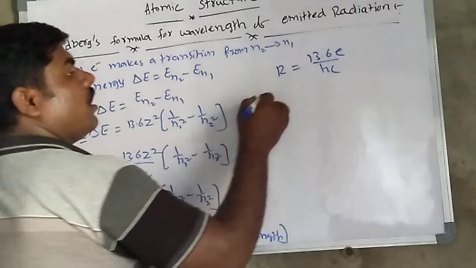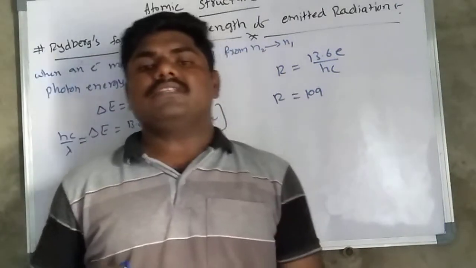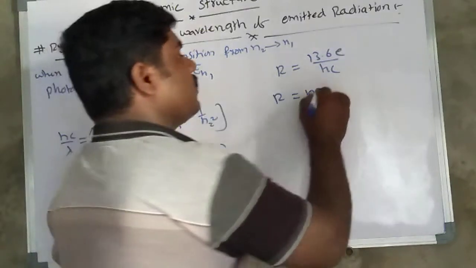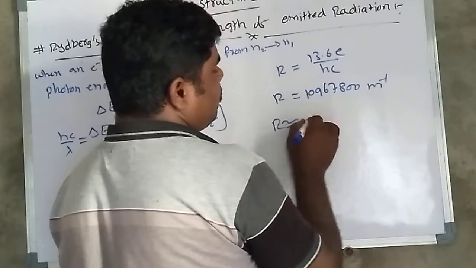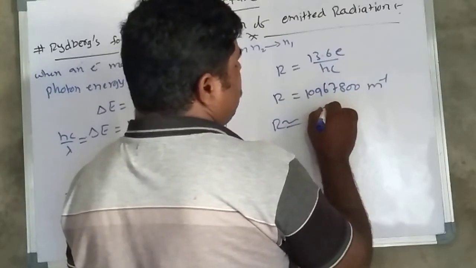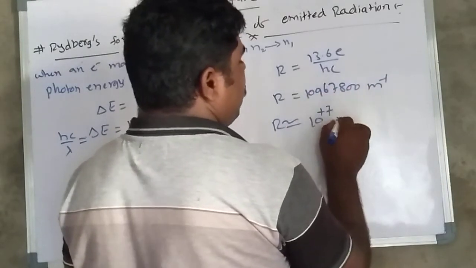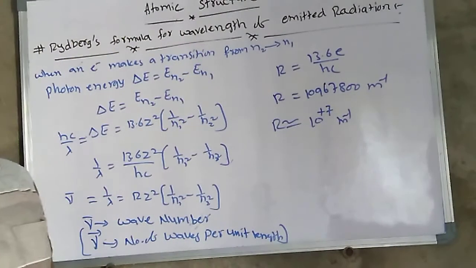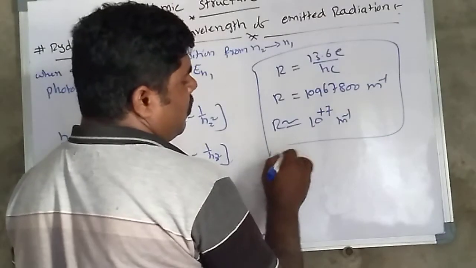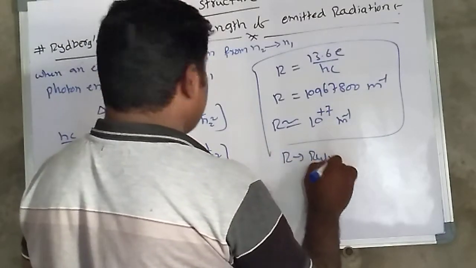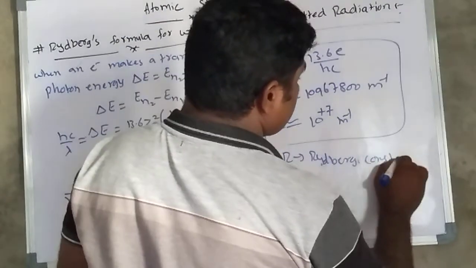This value is approximately 1.09677 into 10 to the power of 7 per meter. This is approximately the Rydberg constant value. This R is called the Rydberg constant.